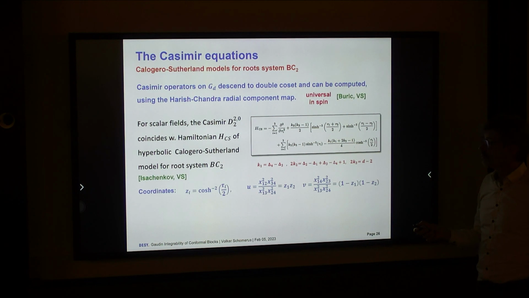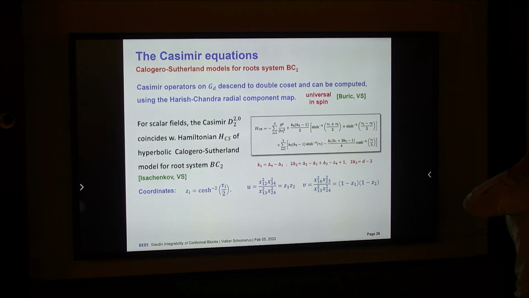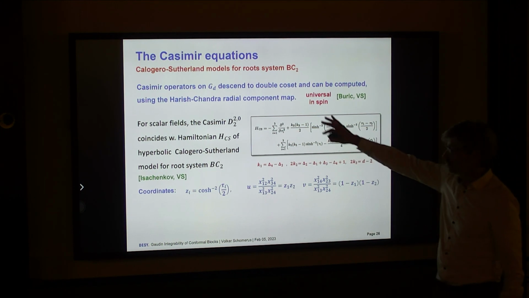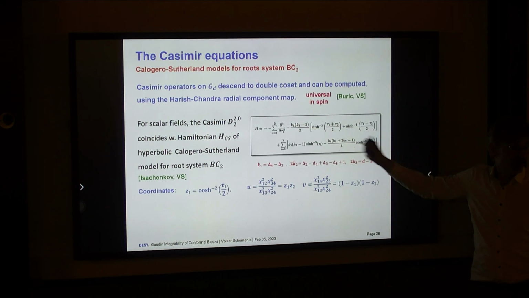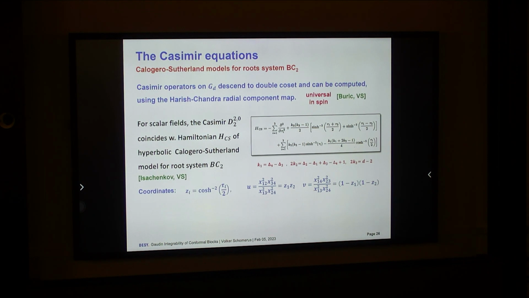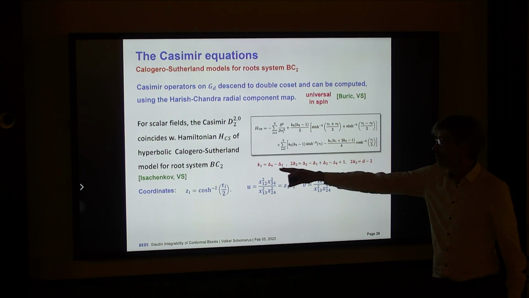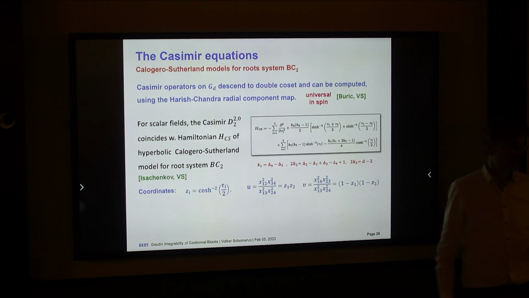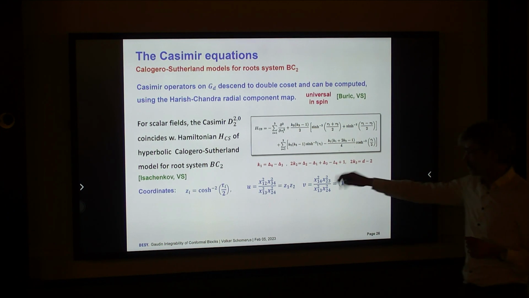So what you find is, if you calculate these Gaudin Hamiltonians in this Gaudin limit, one of these operators I had before, and you compute it for scalar fields, you actually find the Calogero-Sutherland Hamiltonian for the BC2 root system, with a very particular choice of coupling constants or multiplicities, which are determined by the scaling weights of the fields and the dimension in which you are.